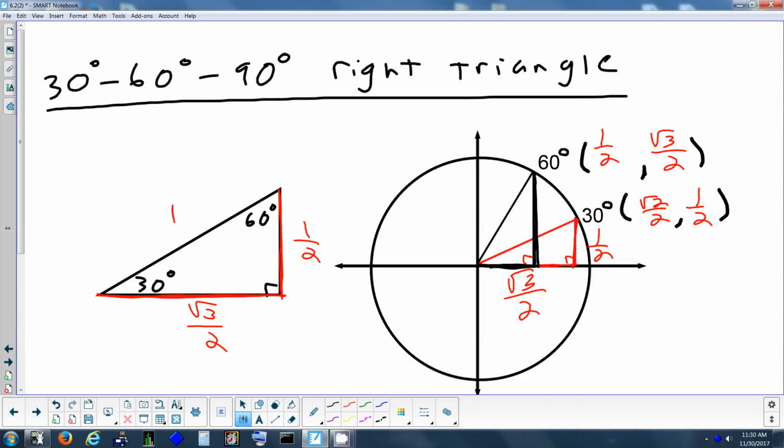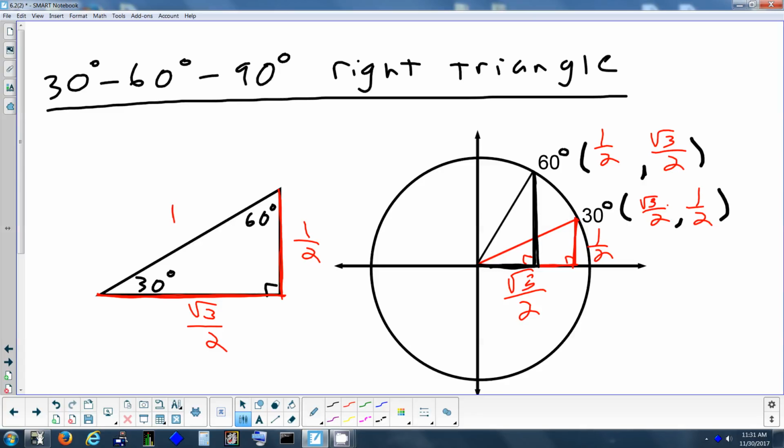So to do everything we're going to do with unit circle trig, from today, all you have to remember is the numbers root 2 over 2, root 3 over 2, and 1/2. So 30 is root 3 over 2. Make sure you copy that. I fixed that. Root 3 over 2, 1/2.